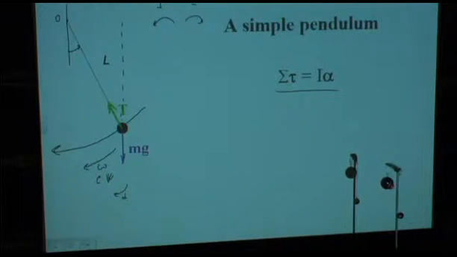But what about the torque? So this torque is 0.